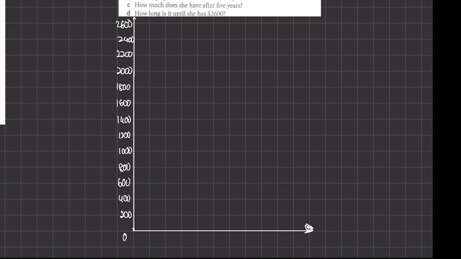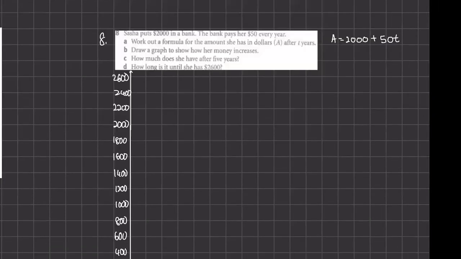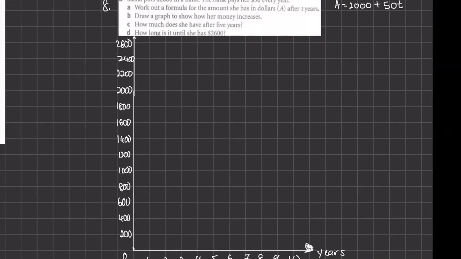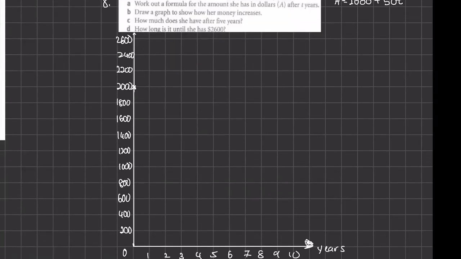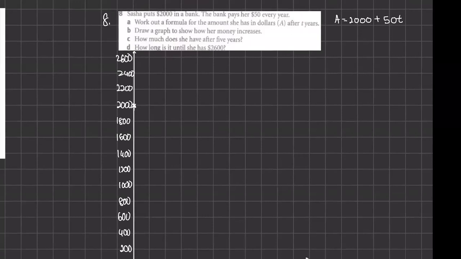Okay, so 0 here, the number of years will be here. Normally the years will be at the bottom. These years. Don't know whether 10 years is enough. Probably enough. 10 years I get $500. So probably yes. So I'll start at 2,000. That's the first year. And then the bank pays 50 every year. So I would think that every 4 years I'll get 200, because the next one is increased by 200.